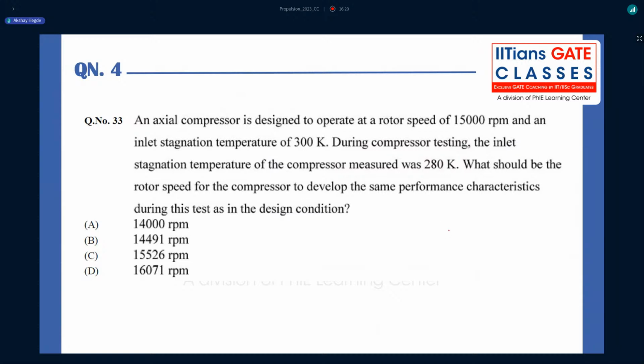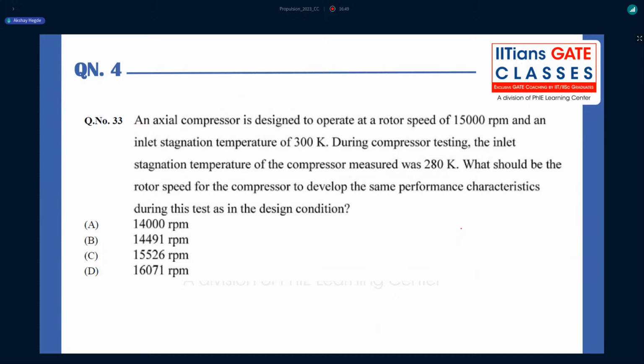So here, what we have to do is match geometric similarities, kinematic similarities, and dynamic similarities. The first two, the geometric and kinematic similarities, are already matched because of the problem statement. The only thing we have to match here is the dynamic similarity. To do that, we have to match the dimensionless numbers which are most important to the given problem, right?